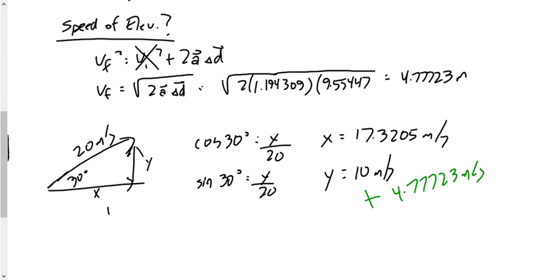The y component becomes 14.77723 meters per second. You guys see what I've done there? That's a tricky step right there. Okay? The ball was thrown vertically at 10 meters per second, but the elevator was moving at 4.7 meters per second when I threw it at 10. So how fast is the ball moving vertically when it's released? 14.